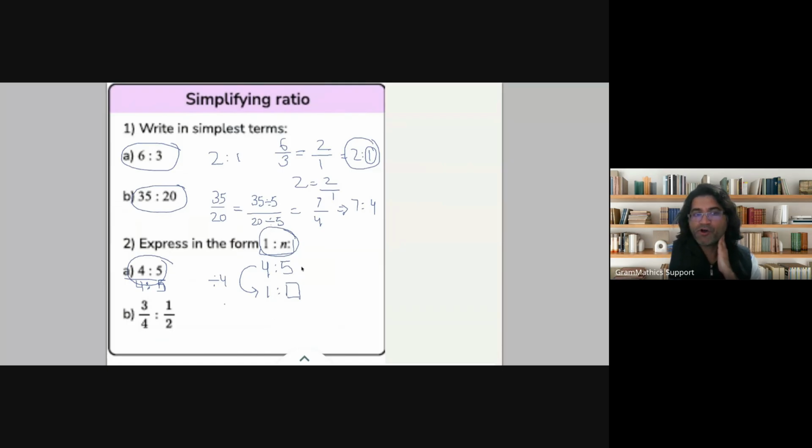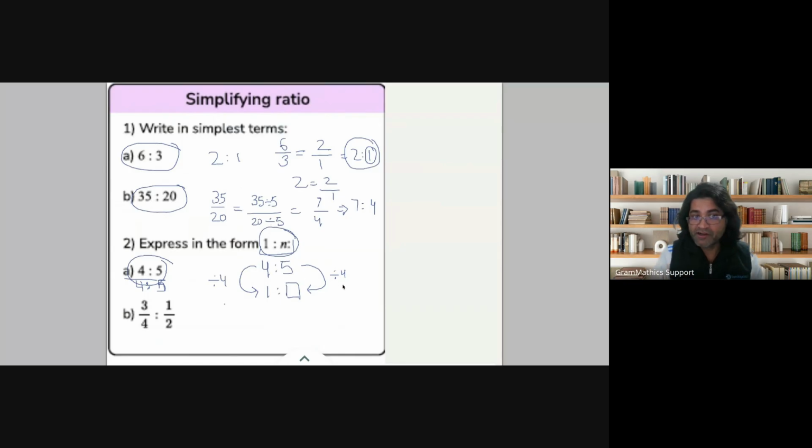Whatever operation we do on one side, to keep the other side equivalent, it's like equivalent fractions. So if I have divided something here, I have to divide by the same on this side also. If I was multiplying on this side by a factor, I have to use the same factor and also multiply on the other side. This is the concept that will build up for ratio and proportion type of questions.